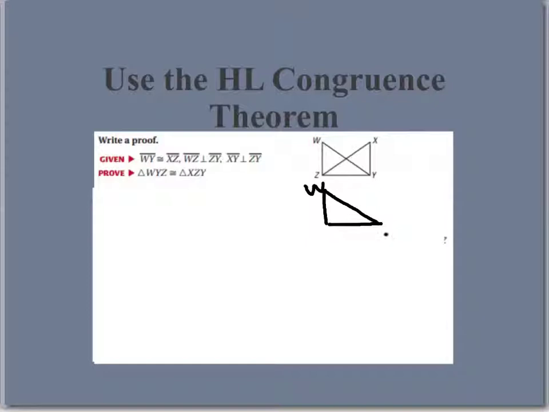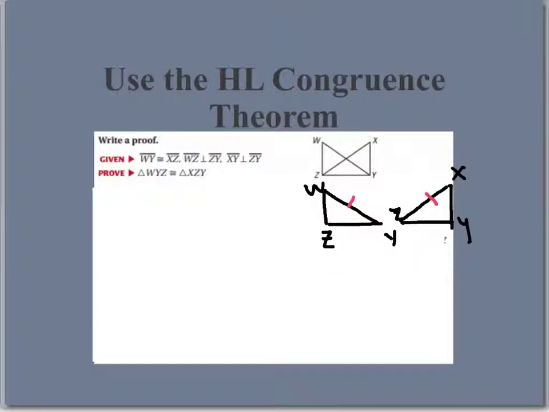Triangle W, Y, Z. Okay? And then we got triangle X, Z, Y. Now we got those separated. We can actually mark them up. Let's mark them up. Okay? WY is congruent to XZ. Okay?